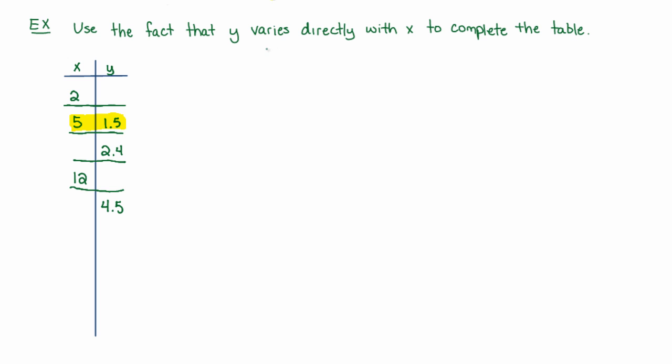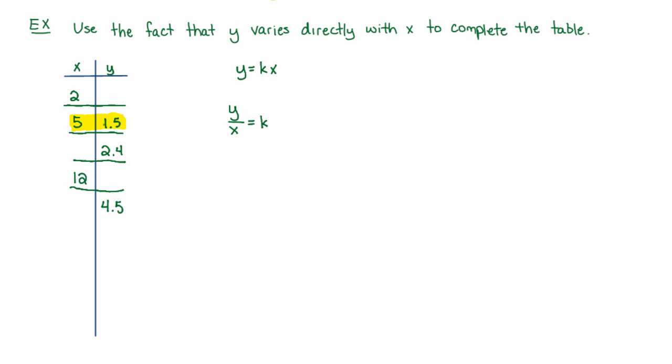So if y varies directly with x, we know that y is equal to some number times x. Or in other words, that y over x is k. Remember, direct variation means that the ratio of those two values for the variables is always constant. So I know that y over x will always be some number k.